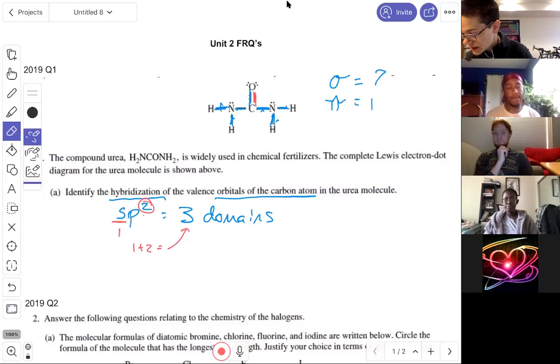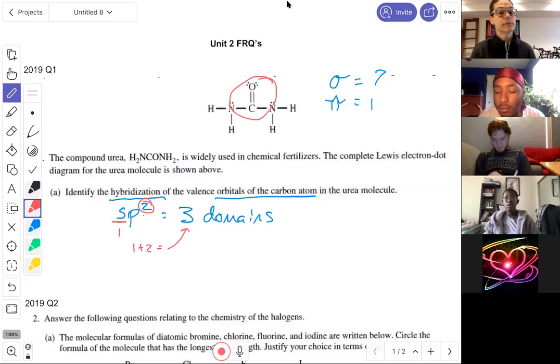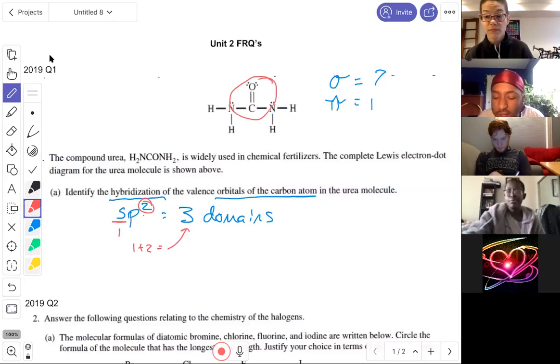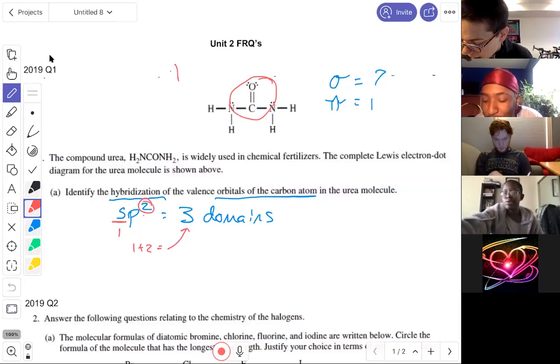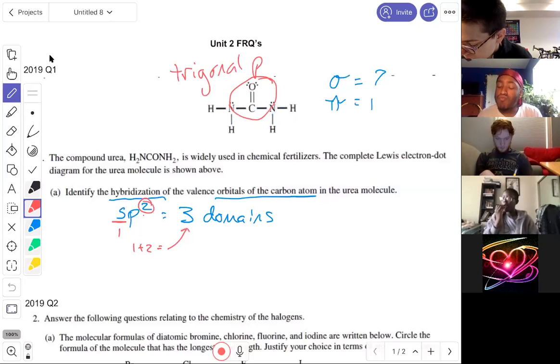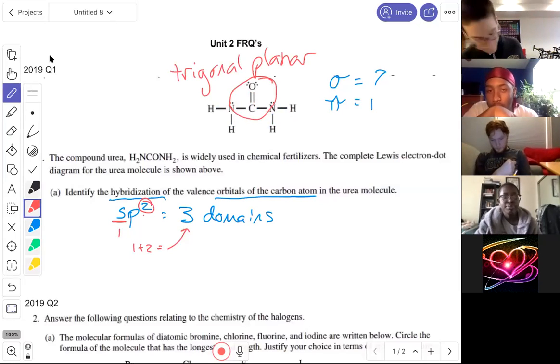Another thing. So that's sigma and pi bonds. We said the carbon is sp2. What is the shape of this region? Trigonal planar. Say it louder. Trigonal planar. Will we revisit that?